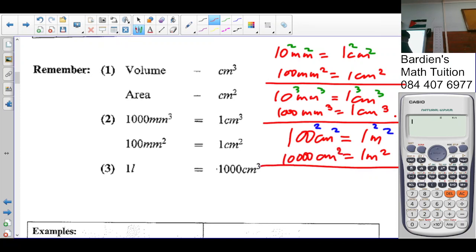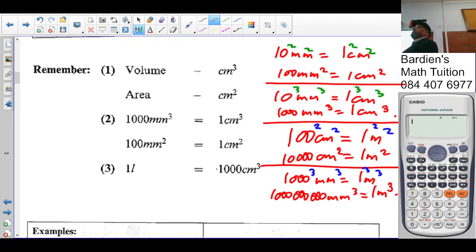Likewise, if you have 1,000 millimeters equal to 1 meter and you want it in cubes, I must raise it to the power 3. So that will be a billion millimeters cubed is equal to 1 meter cubed. You guys get the idea? So if you know the basic conversion, then you can convert anything.